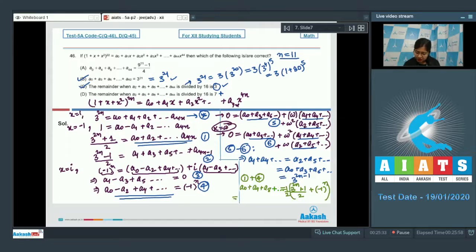The value of n is 11. So this is equal to 1 by 2 times 3 raised to the power 22 plus 1 divided by 2 minus 1. So this is equal to 1 by 4 into 3 raised to the power 22 minus 1. That is 9 raised to the power 11 minus 1 upon 4. So this is also correct. So the answer is A, B and C.